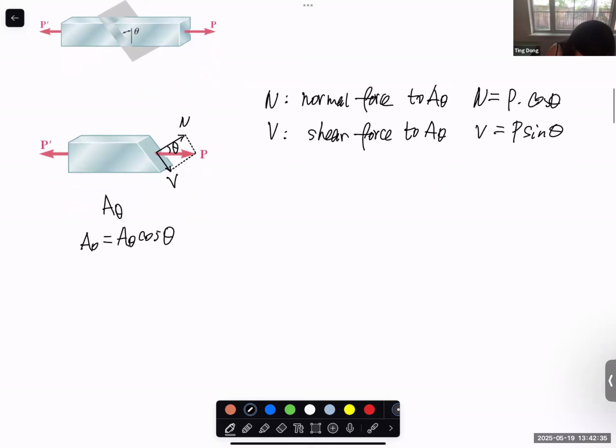Now, for the normal stress and shear stress on this inclined plane, based on the definition we learned, the normal force on the A theta is P cosine theta, over A naught over cosine theta. So it's P over A naught cosine theta squared.